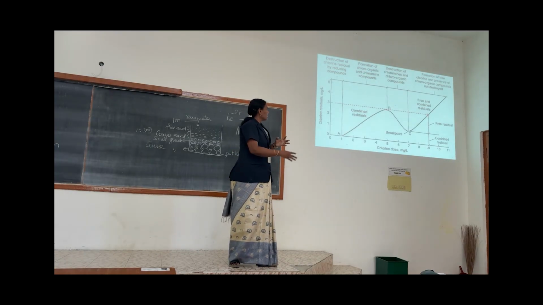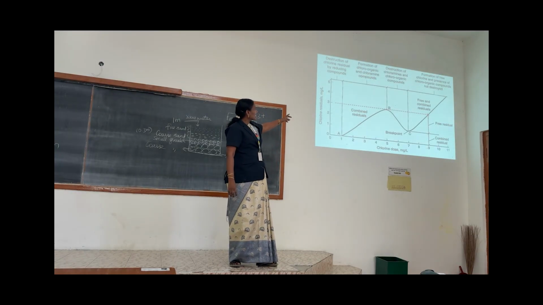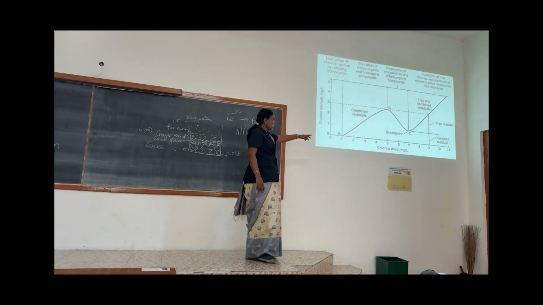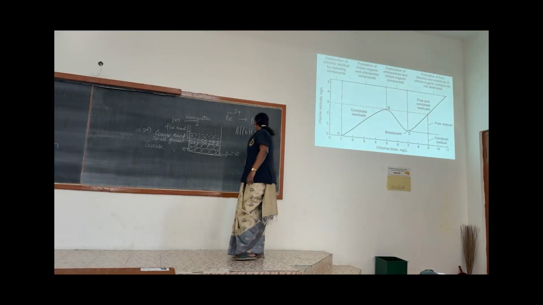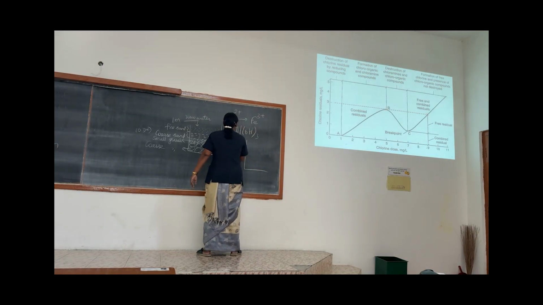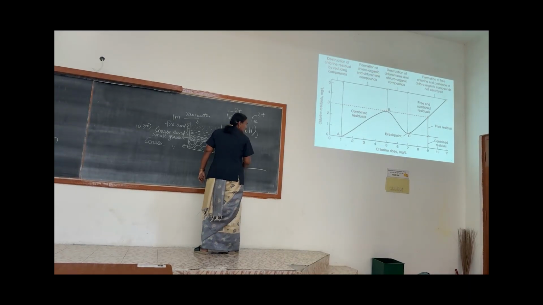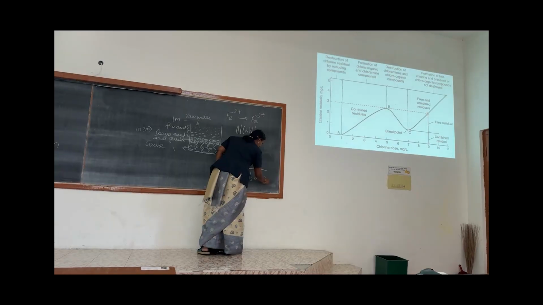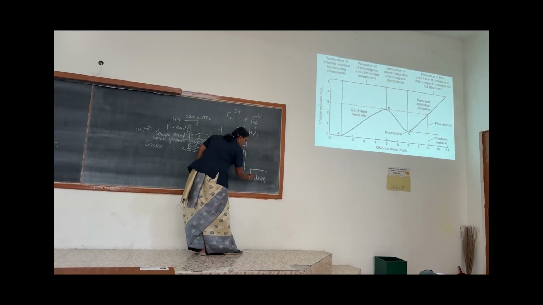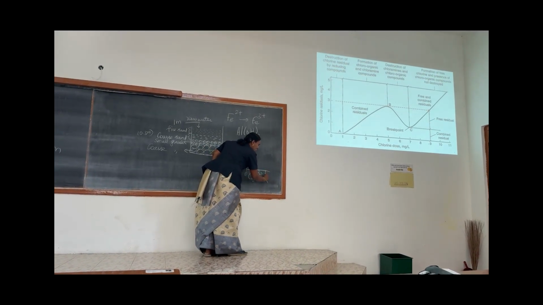Next, see the graph. First, we are adding chlorine dosage, this is what we are applying. This is the residual chlorine. In the y-axis, what are we taking? Residual chlorine. The chlorine dose is what we are applying: 0, 10, 20, 30, likewise.